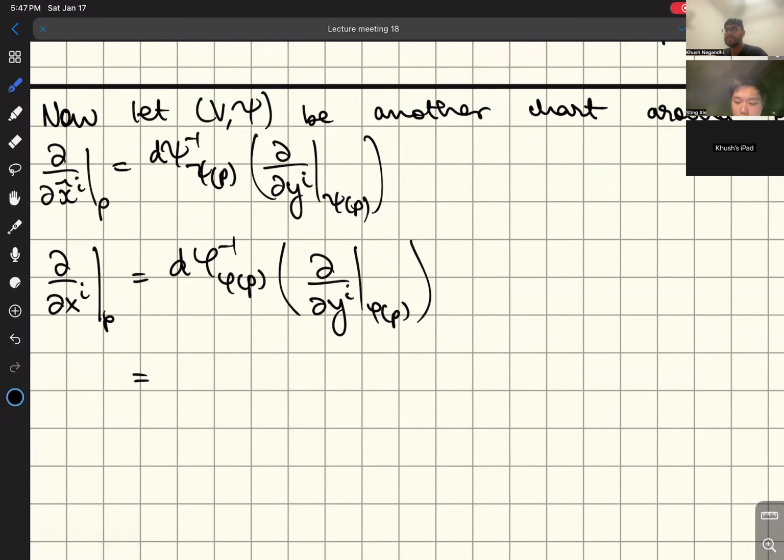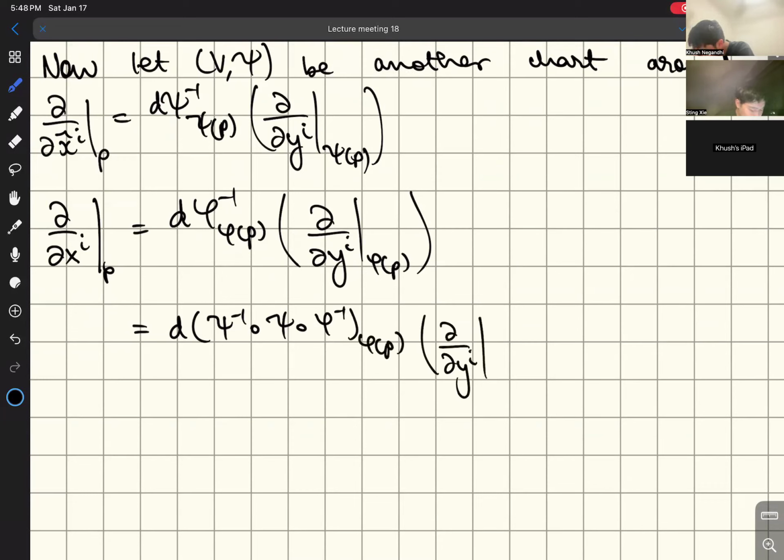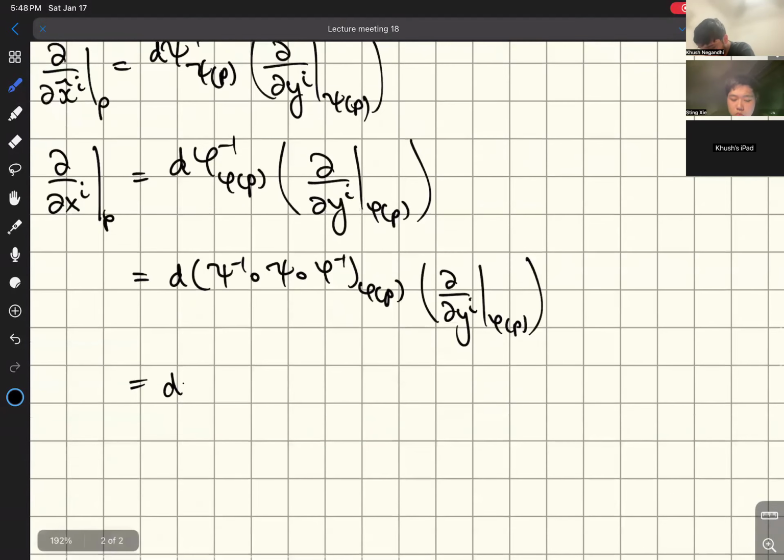I'm going to sub in an identity here, force it in, and just see what the computation leads me to. So I'm going to do d of psi inverse composed with psi composed with phi inverse at phi of P. Now I use the chain rule.